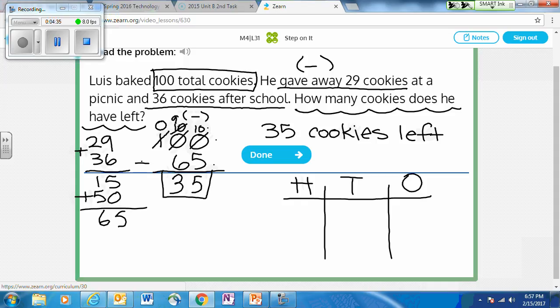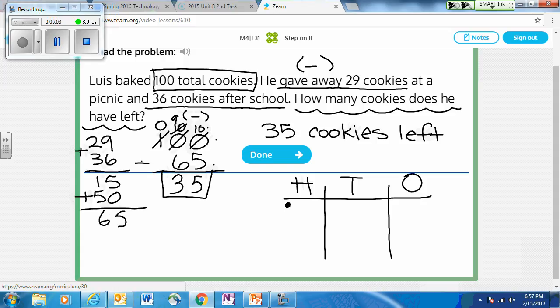My number I start with is one set of 100. I'm going to start with one set of 100, and I'm going to take away what number? I'm going to take away 65 because I've already added these two numbers together. 29 plus 36 equals 65. So I need to take away the cookies that he gave away to get the total numbers of cookies left.